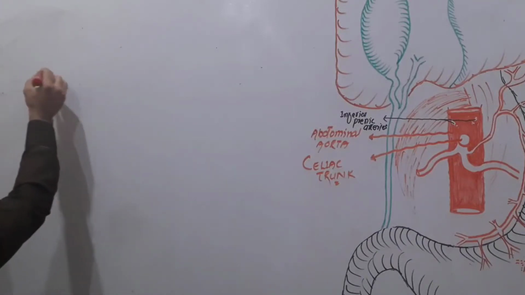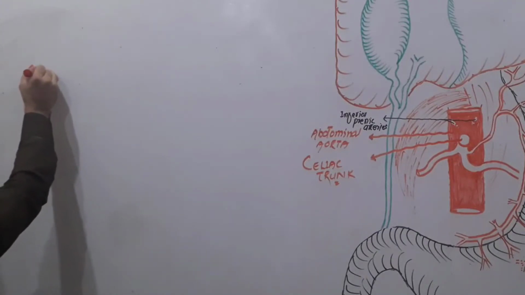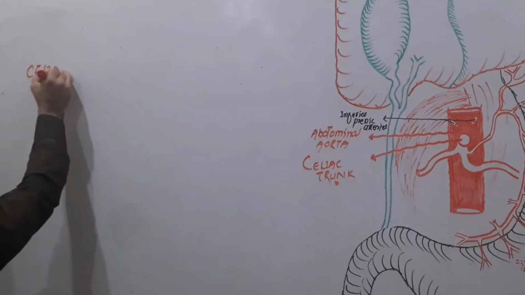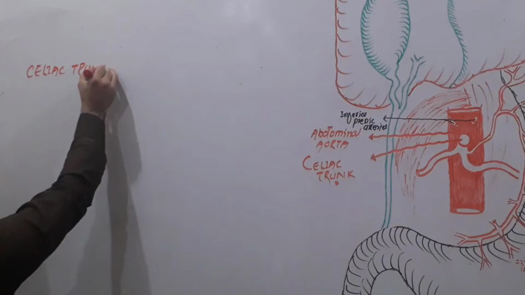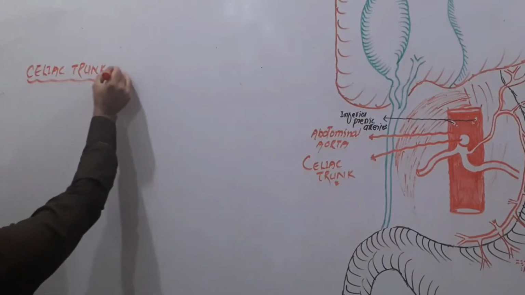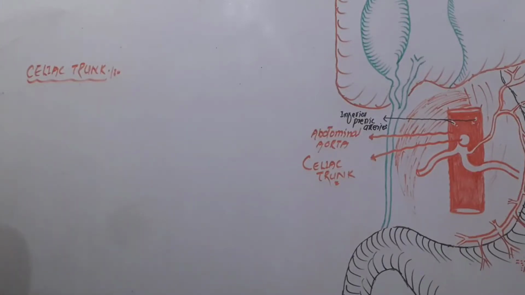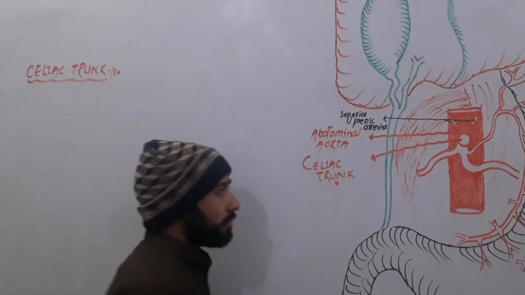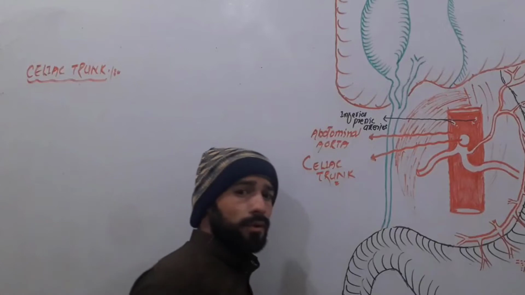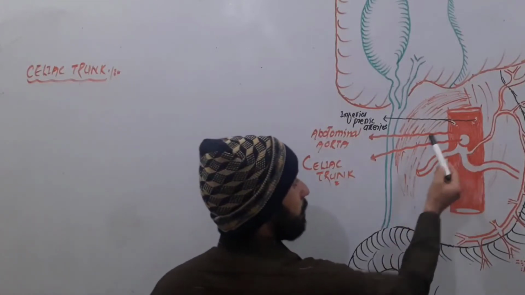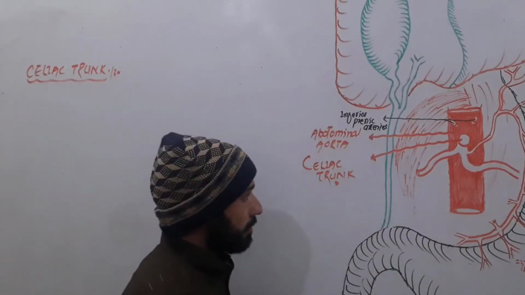Okay, so what is the celiac trunk? The celiac trunk is a big trunk which arises from the anterior aspect of the abdominal aorta. You can see here, inferior to the inferior phrenic arteries, at the level of the T12 vertebra, right?